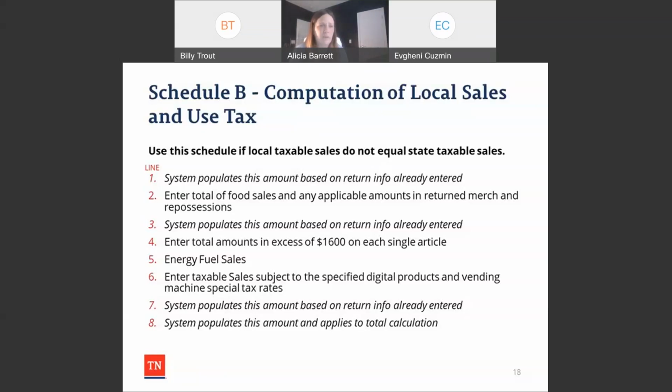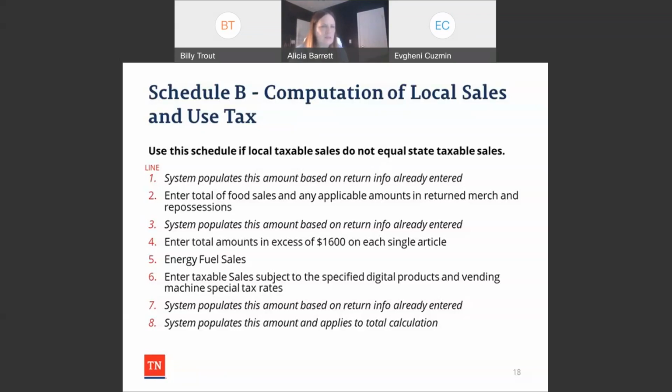The food and food ingredients line, that first line on Schedule A, is a great example of that. So for line 1 of Schedule B, the system is going to automatically populate this information for you. Line 2 is where you're going to need to make any adjustments, entering in the total of the food sales and any applicable amounts in returned merchandise and repossessions.